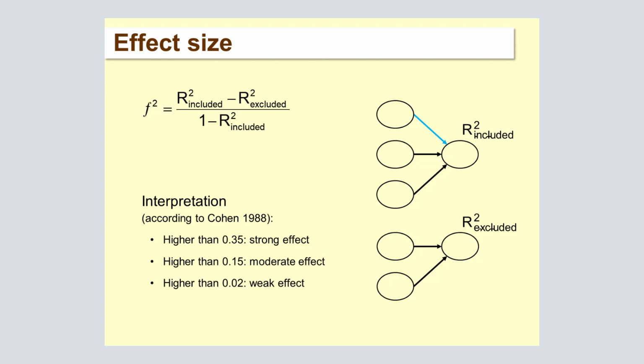If the f² is smaller than 0.15 but still higher than 0.02, one can speak of a weak effect. Finally, it might also be that we have a significant effect whose effect size is smaller than 0.02. In such a case, one would speak of an effect that is hardly substantial.